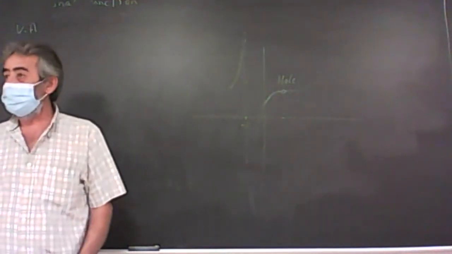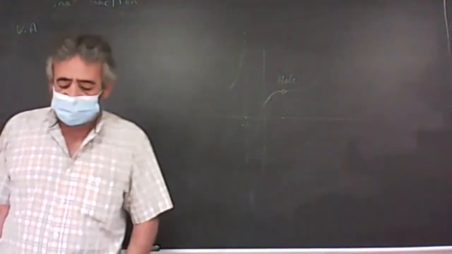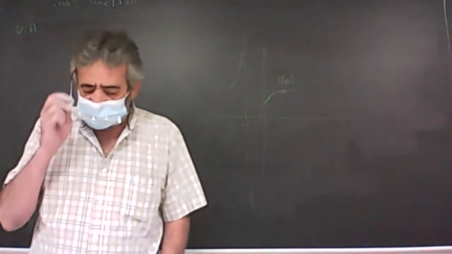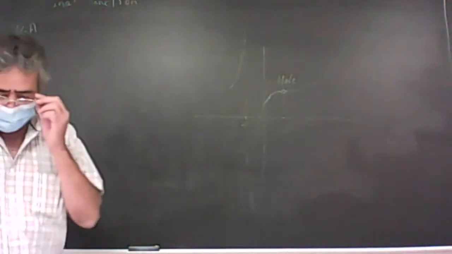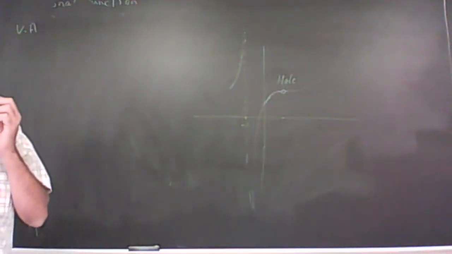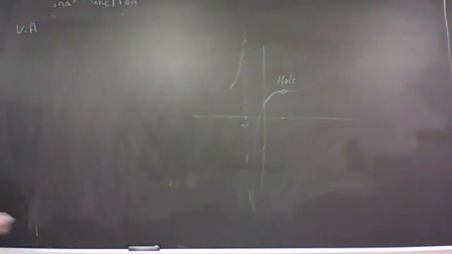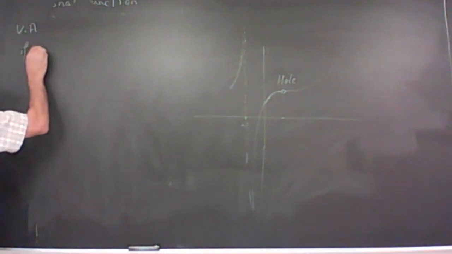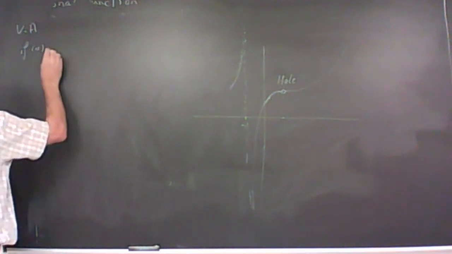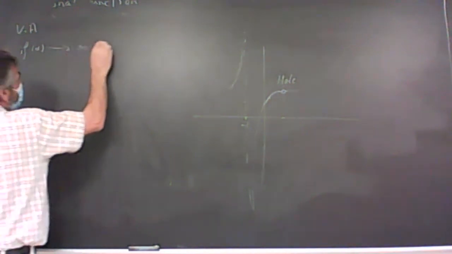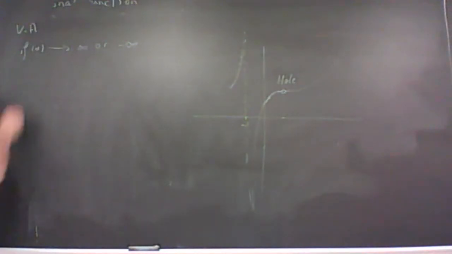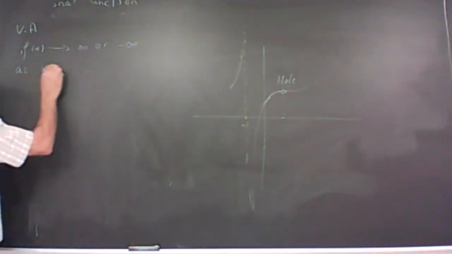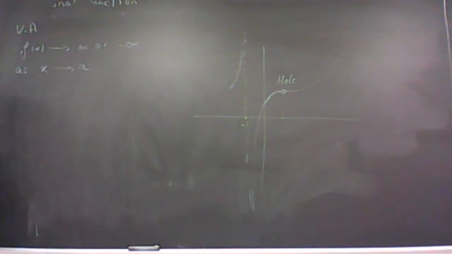How do I know which one is which? It says if f of x goes to infinity or negative infinity as x goes to a, what does that mean?